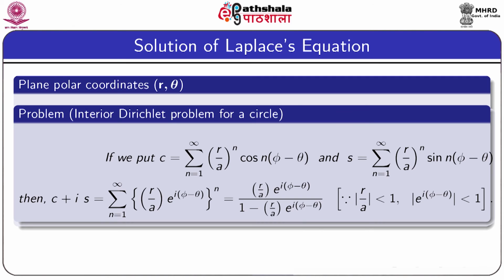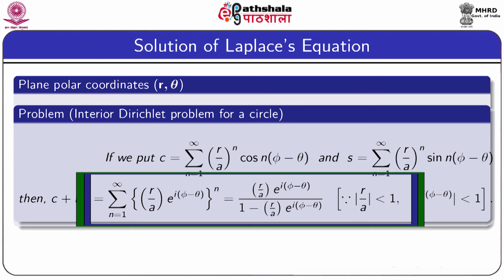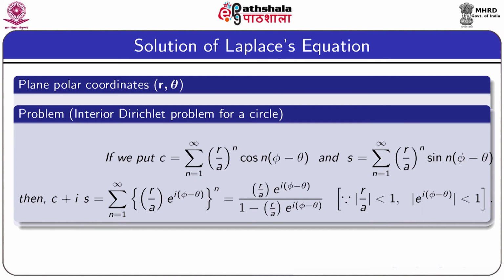Now, if we calculate C plus iS, then we get a GP series, and the common ratio of this GP series is less than 1, since mod of r by a is less than 1 and mod of e to the power i phi minus theta is also less than 1.